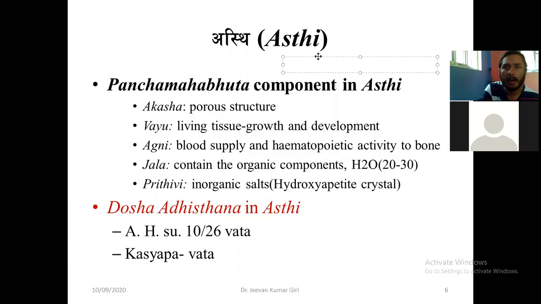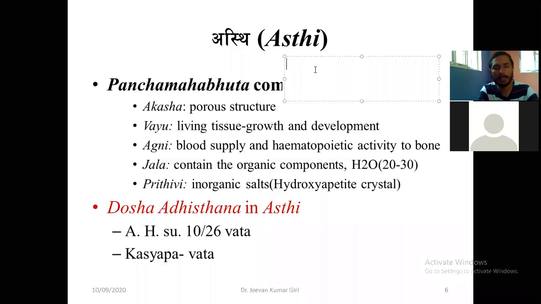Now see, asthi has a Pancha Mahabhuta component. I am going to tell this. Now see here, the Akasha component in the asthi: the asthi has a porous structure. Various pores are there. If you see the structure of the bone, you will see various pores, openings or channels.